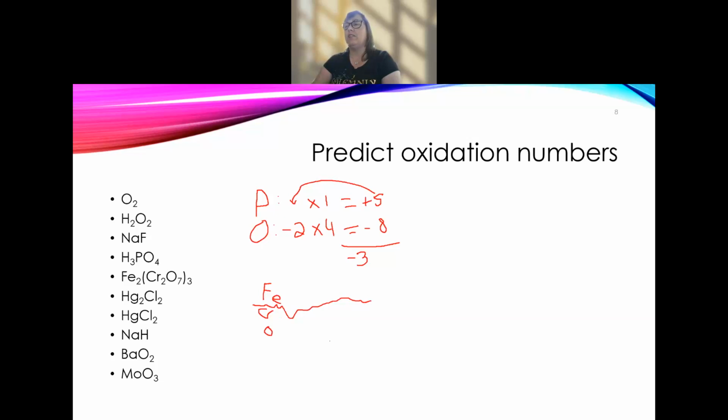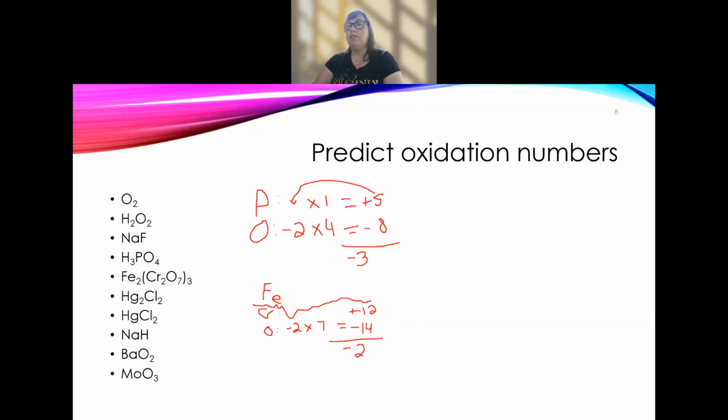So my overall for this last part is going to be -2. I know that oxygen is always -2, and I have 7, which gives me a total charge of -14. Now, when we consider just this ion on its own, -2 is my result. I have -14 there. That means I need to have a +12 here to make that math work, right?